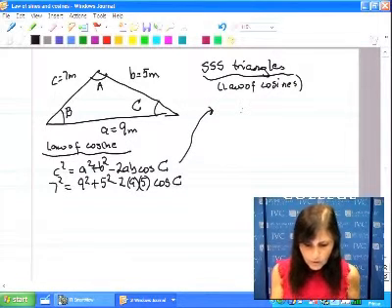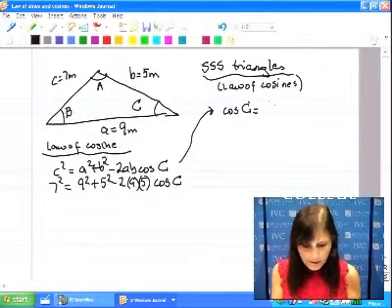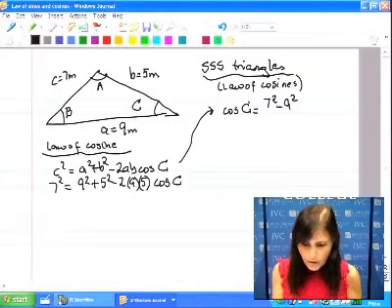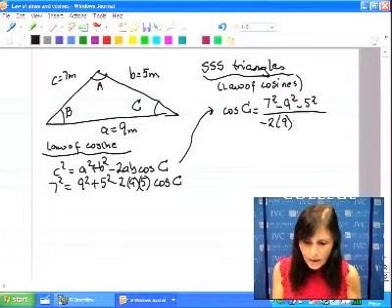So let's write this down. Cosine of C equals 7 squared minus 9 squared minus 5 squared divided by negative 2 times 9 times 5.